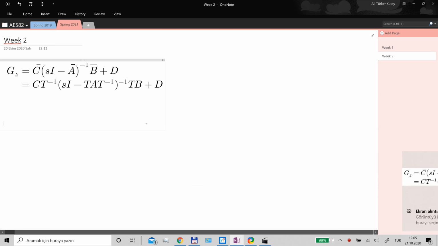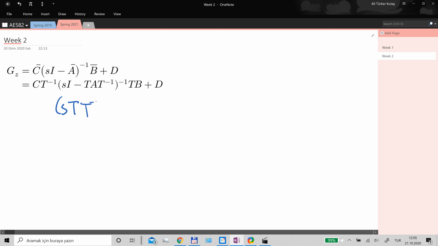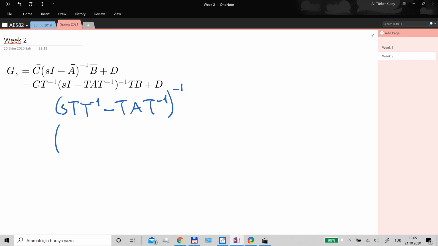Okay, so I have the identity matrix here. I can write identity as T times T inverse minus T times A times T inverse, and then there's the inverse of this entire thing. And I can take this term inside the parentheses into T from the left and T inverse from the right.